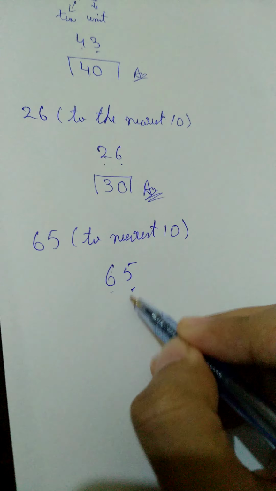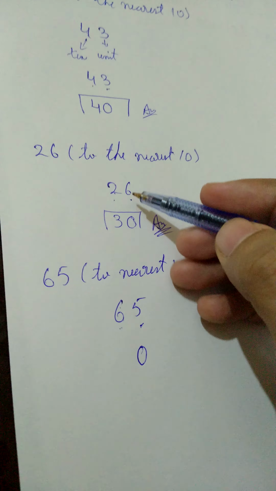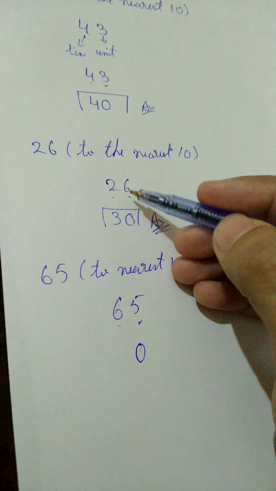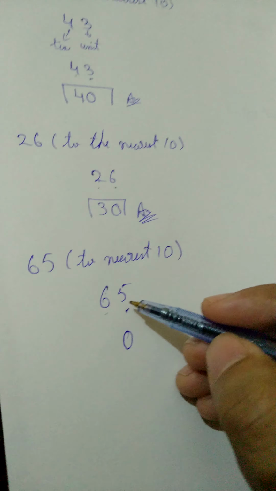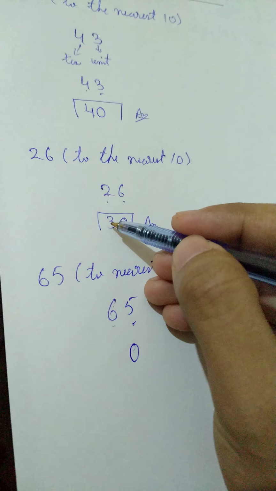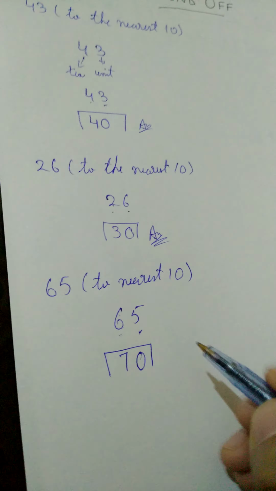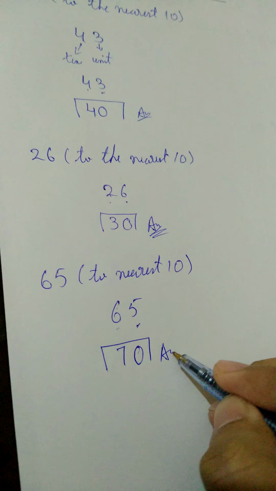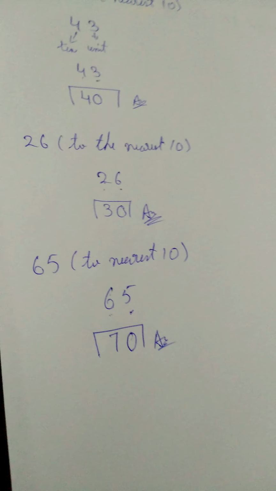The rule for rounding up is that you write 0 in place of the number and add 1 to the number before it. Here it was 2, it became 3; here it is 6, now it will be 7, which makes it 70. So 65 rounded off to the nearest 10 is 70.